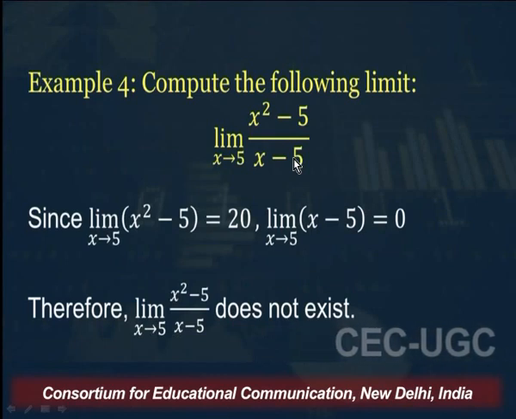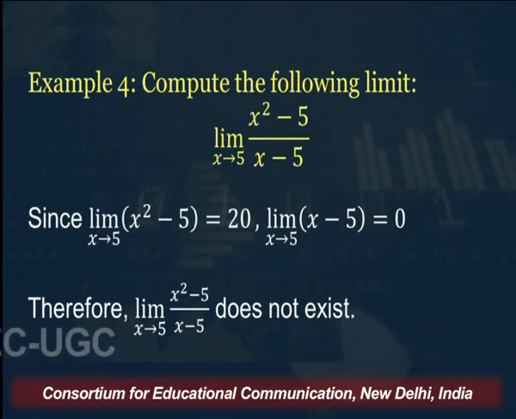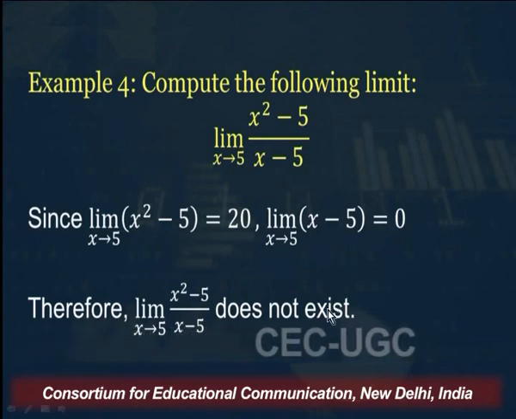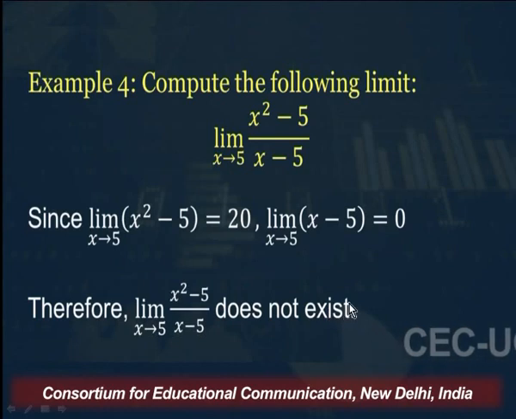So in that sense, the left side limit would be shooting off to negative infinity. But the point here is that whichever side you look at, the limit does not exist. Okay.